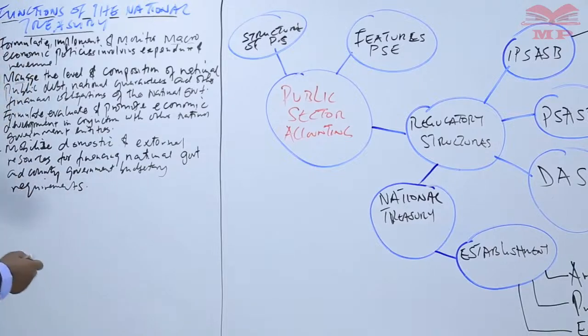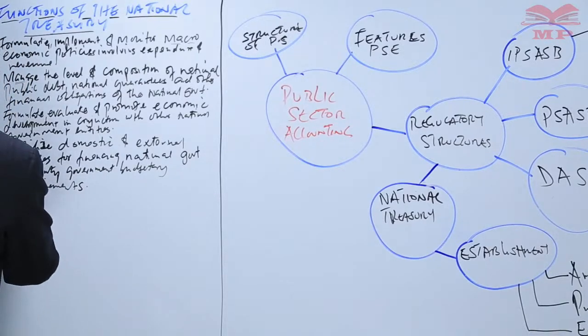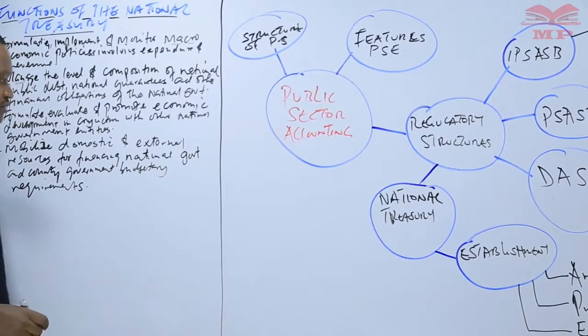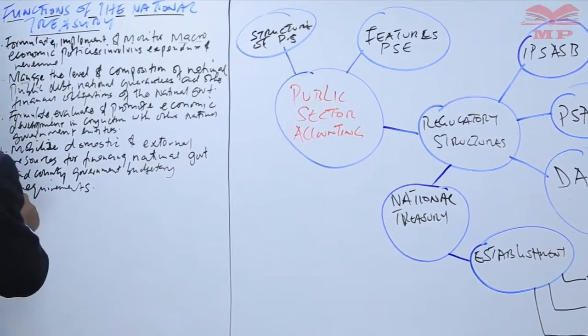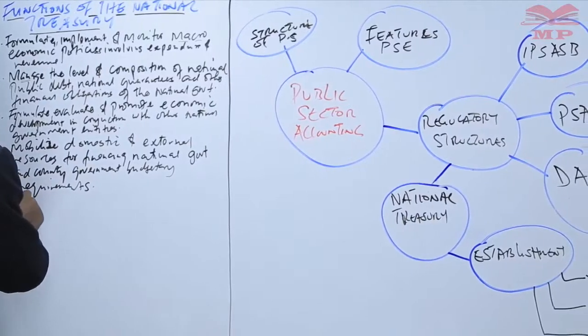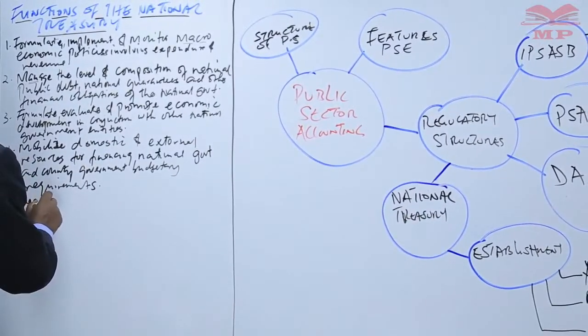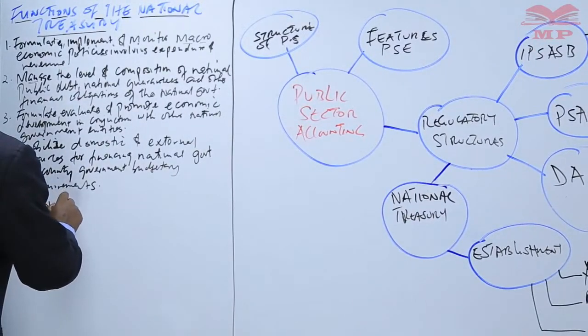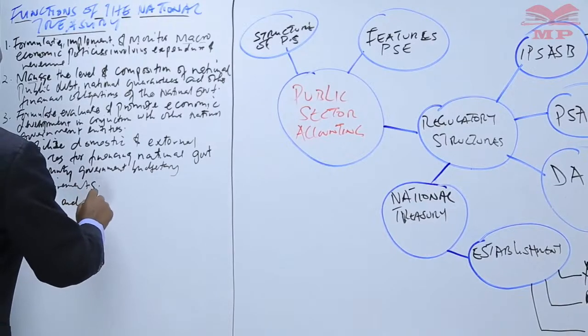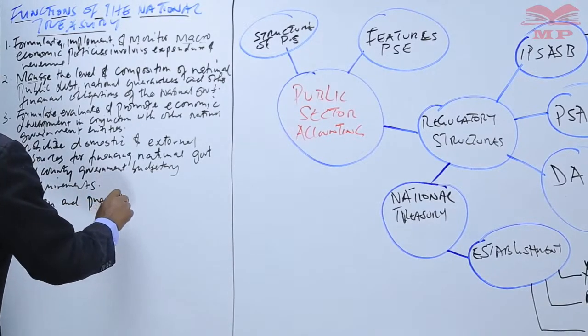Then number 5, function number 5 is to do what? Function number 5 is to design and prescribe.